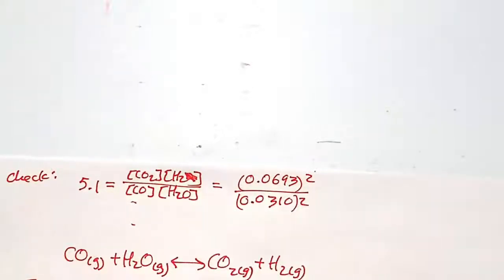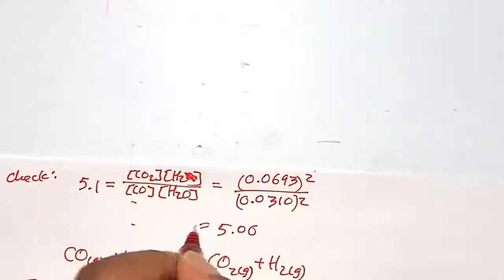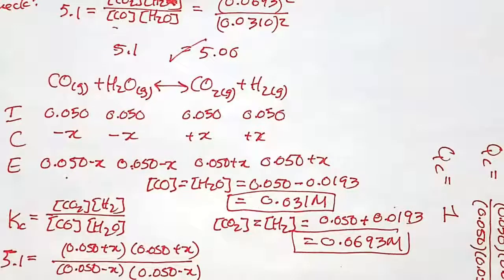And does this equal 5.1? I'll check quickly on my calculator. I get an answer of about 5.00, and what we had was 5.1. I think that's close enough for me to be comfortable stating that these are indeed the final concentrations when this reaction approaches equilibrium.